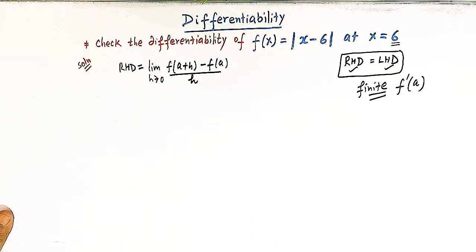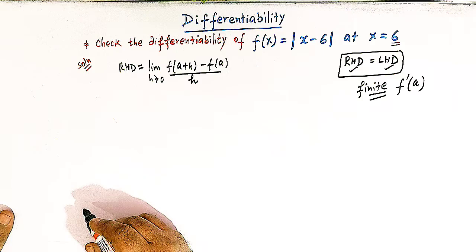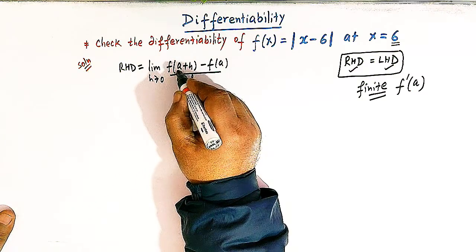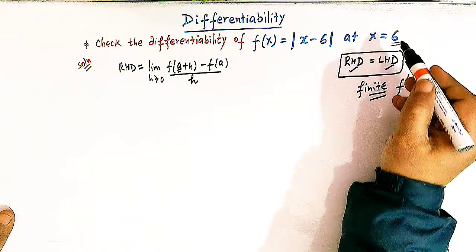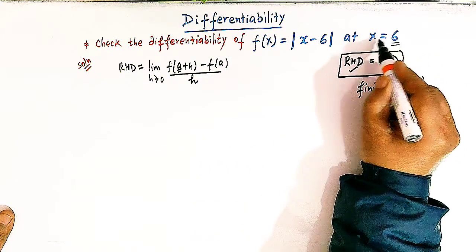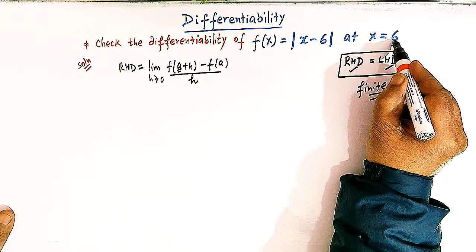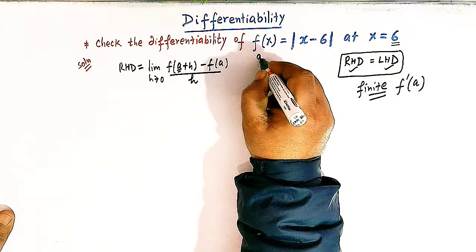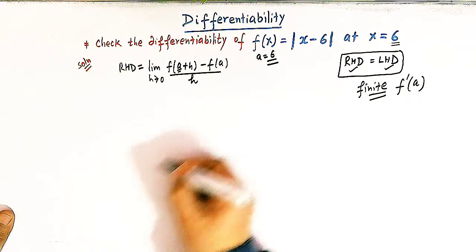Where h is a positive quantity and it is infinitesimally very small, and this quantity a is the given point. In this case this point is 6, right? So in our case a is given as 6.